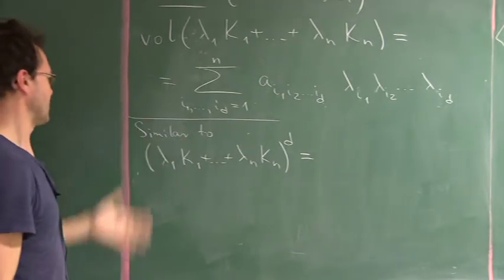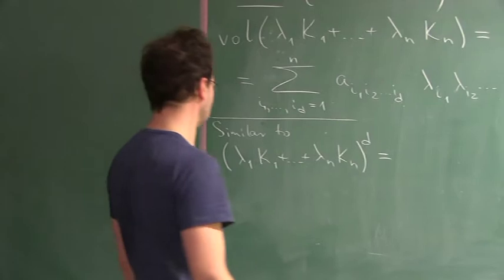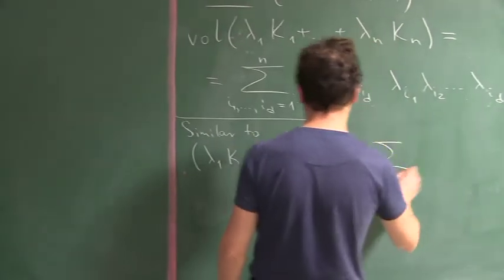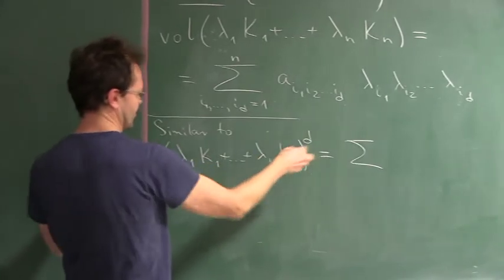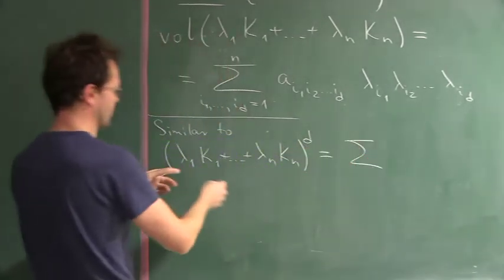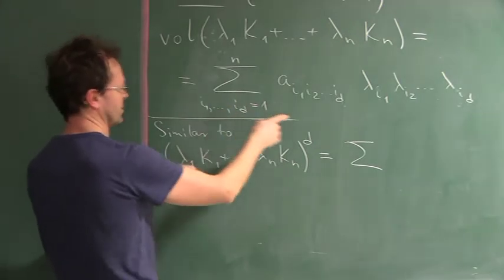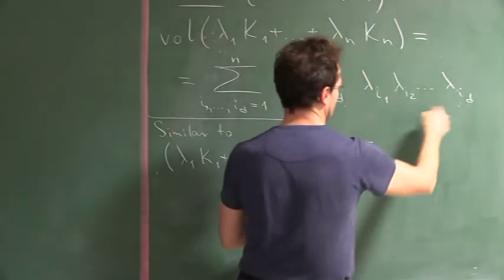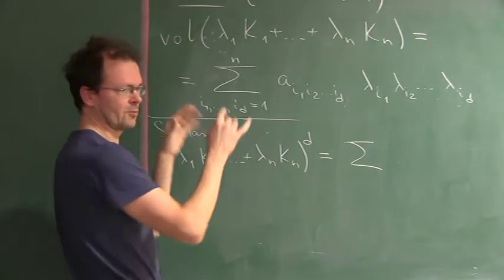And if you want to expand this, then what you always get is the sum of, so you have d brackets, one after each other, and you take a summand from each of the brackets. So what happens is that you get the sum of these monomials multiplied with some product of Ki's.